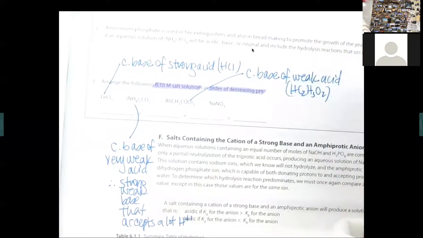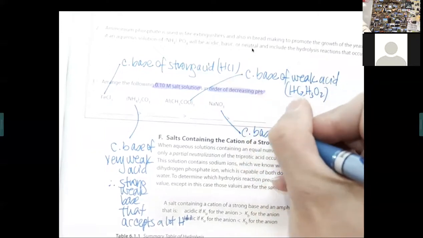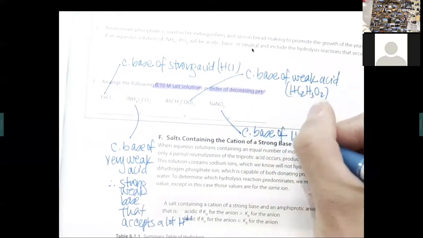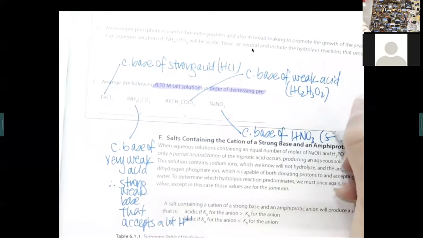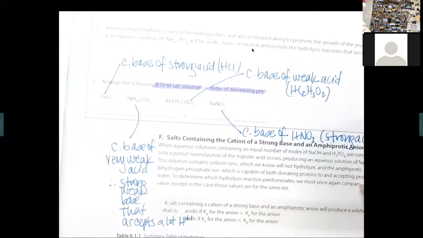Then this substance here is the conjugate base of a weak acid, acetic acid, okay? And then this substance here is the conjugate base of HNO3, which is a really strong acid.